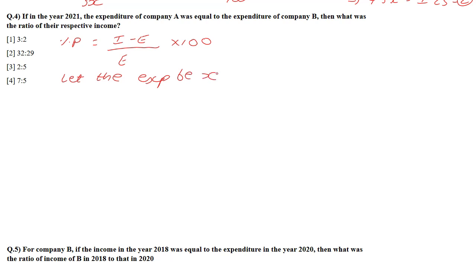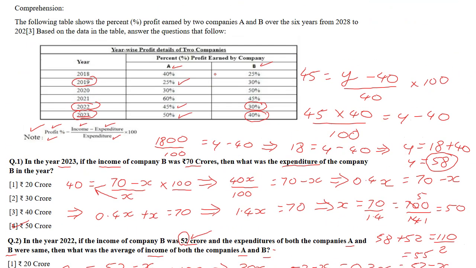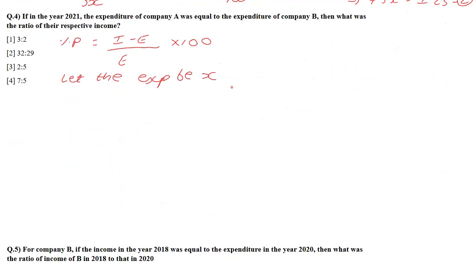And now I'm going to go to 2021 and see what the percent profit was for both companies. In 2021, we have 60 and 45, which I'm going to quickly write down in equations.